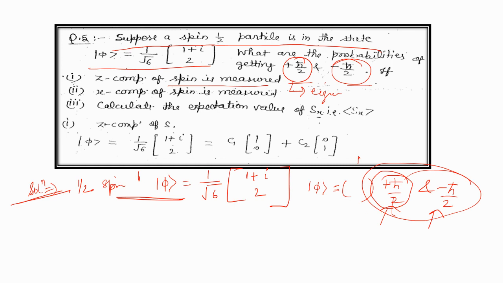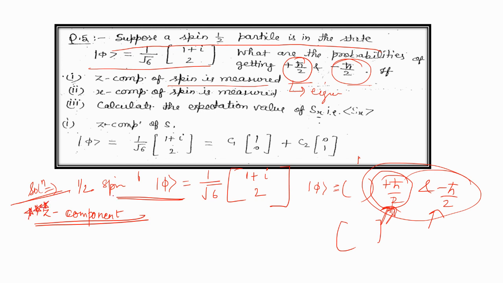So you should know the eigenvector corresponding to these values. When z component is given, so I am writing these eigenvalues, so you should know this. I mean, it is very important, huh?